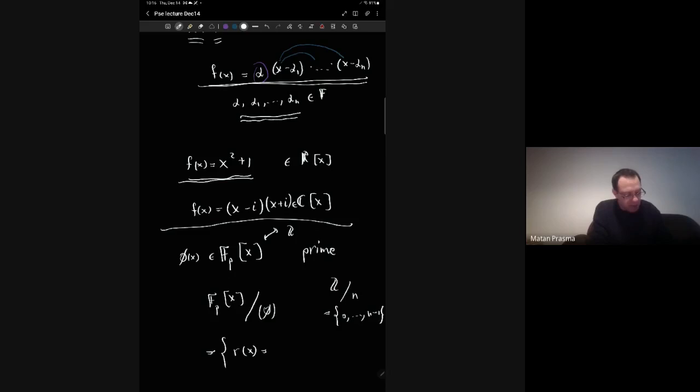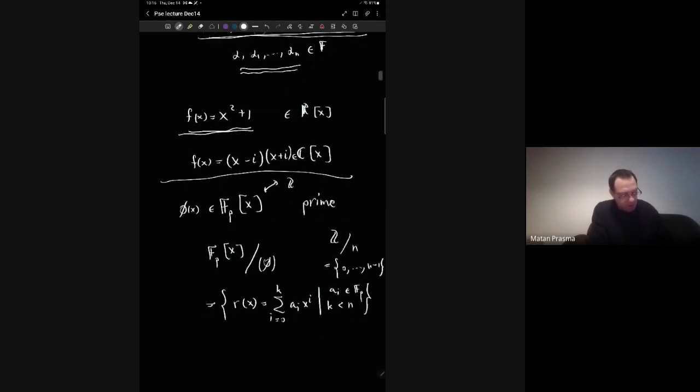And so with polynomials over a field, when I divide by a prime polynomial, as a set it's the set of all remainders r(x) equals the sum of a_i x^i, i equals 0 to k, where k is strictly smaller than n, and the a_i are elements in the field.